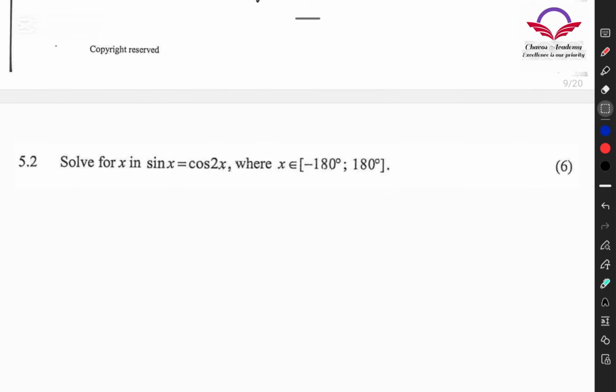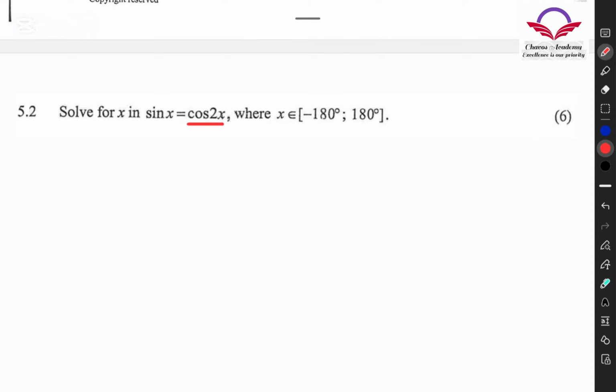Now what we should do, we need to make sure that we convert cos 2x, applying the double angle of cos. We need to convert cos 2x.